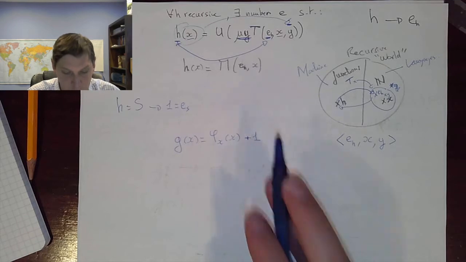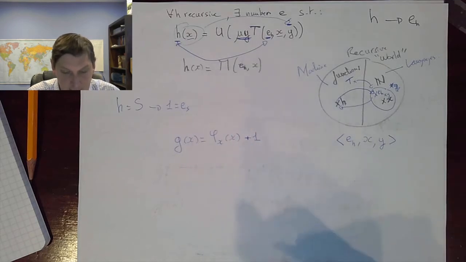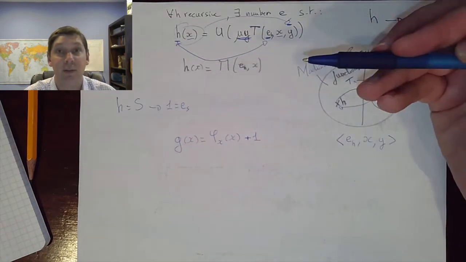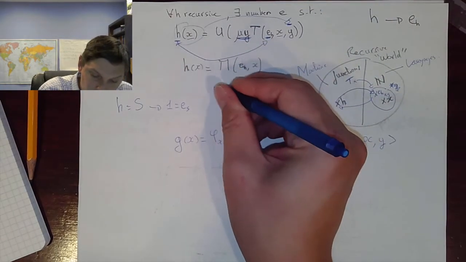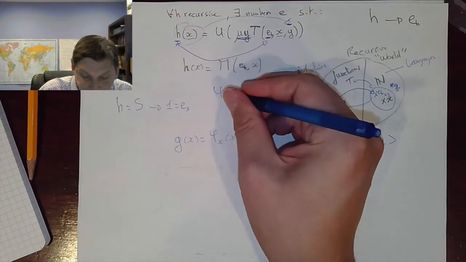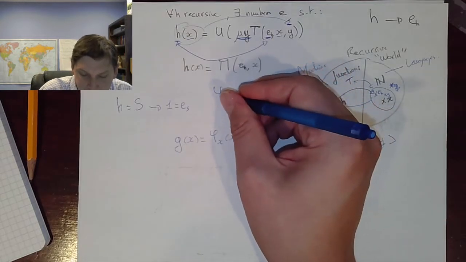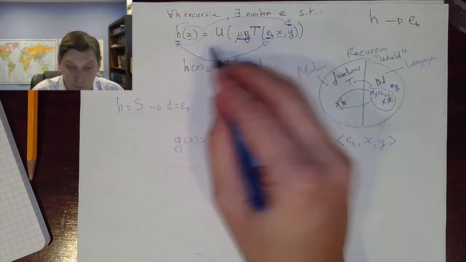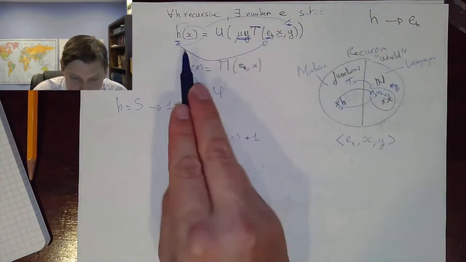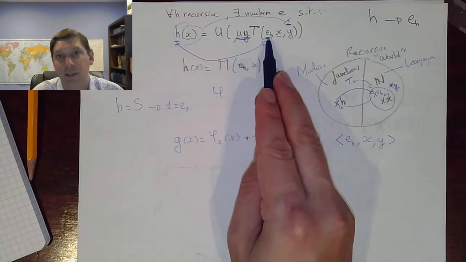We assume that we can enumerate all recursive functions using the index e of the function. So each function has an associated index e.